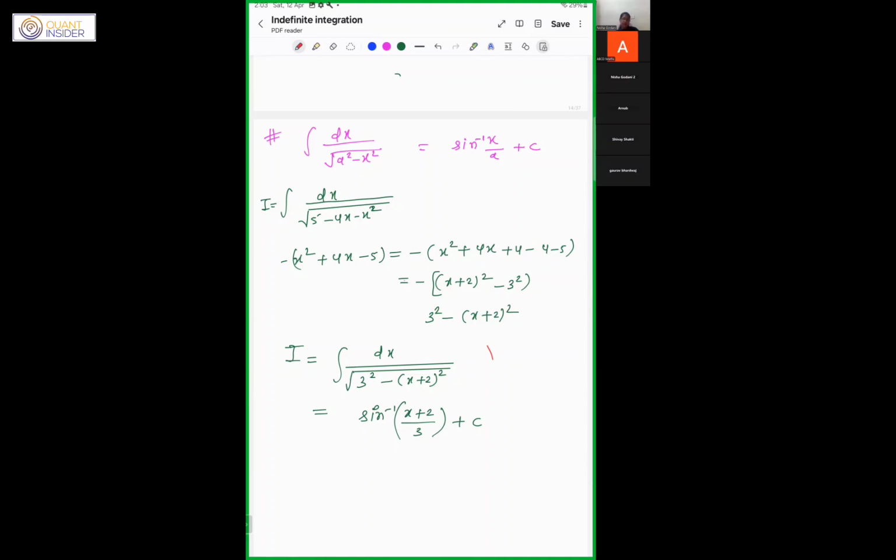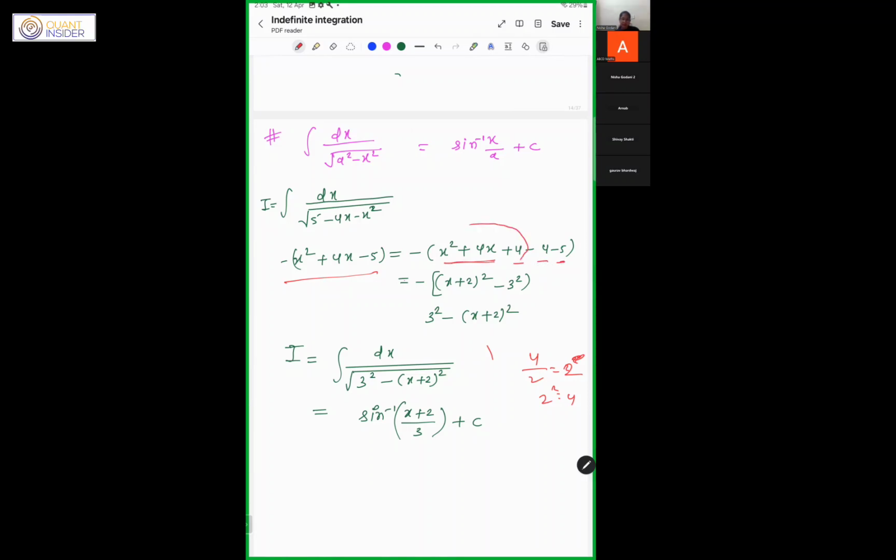So again you will make it a perfect square. I have taken minus common, so this is the term. Now the coefficient of x is 4, and 4 by 2 is 2. 2 square is 4, so you have to add 4 and subtract 4. So x square plus 4x, in which 4 is added and subtracted, and minus 5 is there.